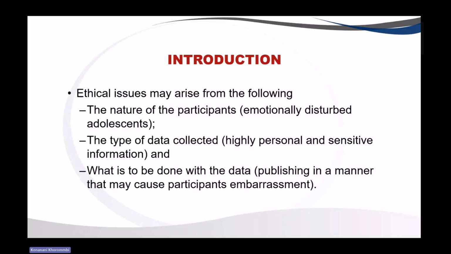Do you publish and even make names known? Last week, I said the names of the research teams are contained in my research report. And we know that there is a general principle that people that have provided information remain anonymous. But other authors have argued that you need to acknowledge the contributors to the research findings. And how do you do it?